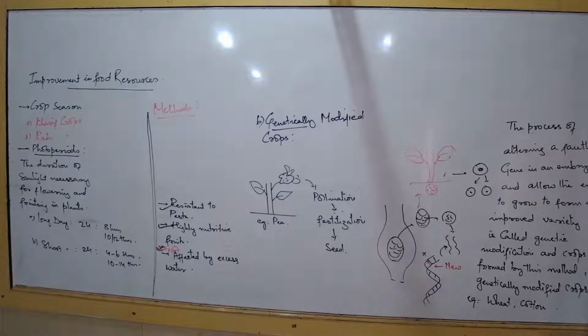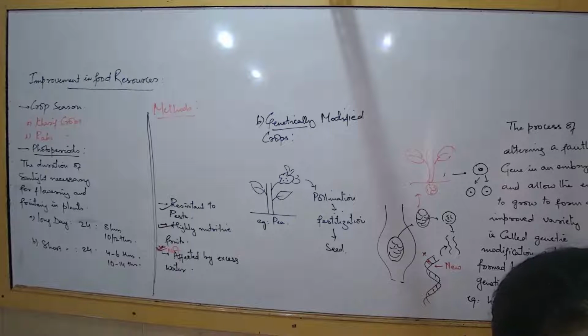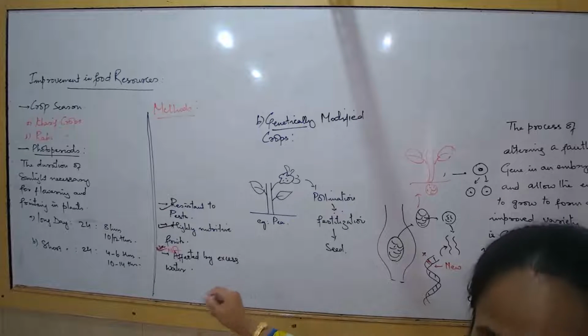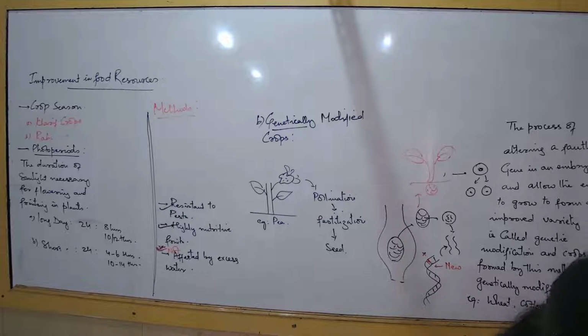Rice, so any type of rice will be picked up? No. With the basic knowledge that we have, this type of rice is good in nutrition. This type of dal is good in nutrition. This type of fruit is good in nutrition. That type of vegetable is good in nutrition. So we always check for the type of food substance good in nutrition, and that only we prefer to buy.